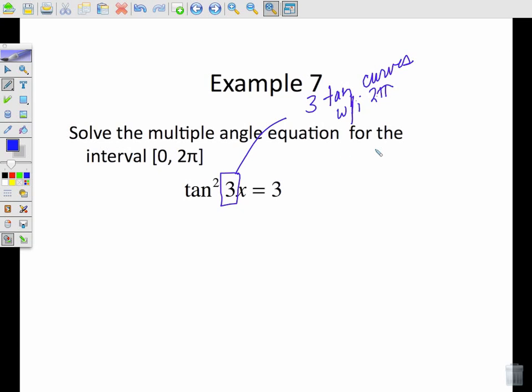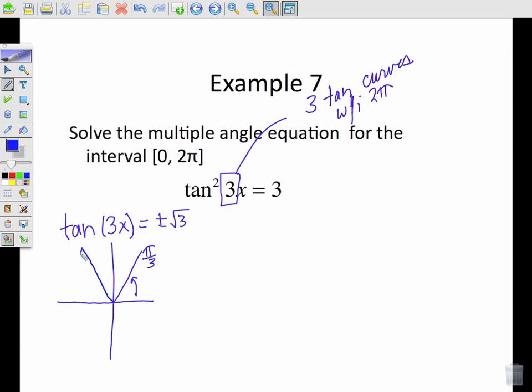All right, well, what I'm going to do is go ahead and find my first set of solutions. We've got tangent of 3x. If you take the square root of both sides, you get plus and minus the square root of 3. So here's what we know. Tangent would equal the positive square root of 3 here at pi over 3.